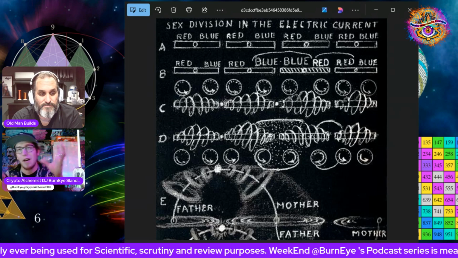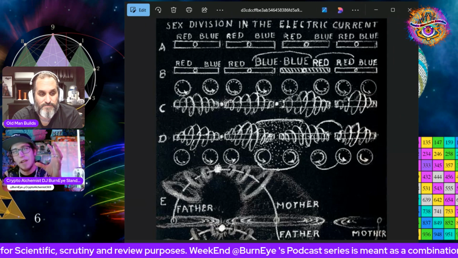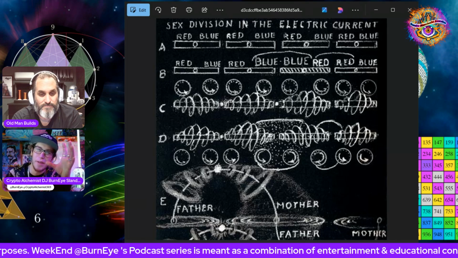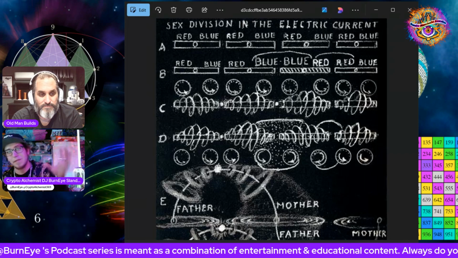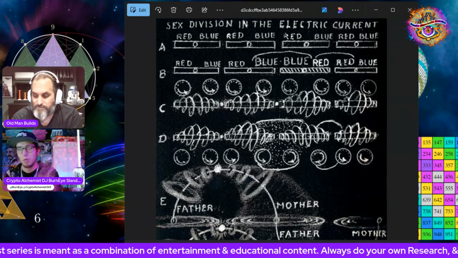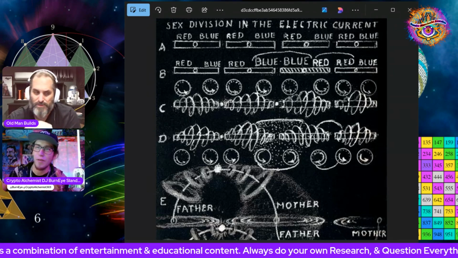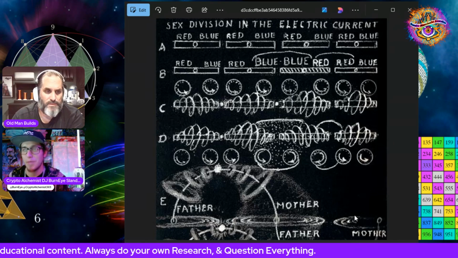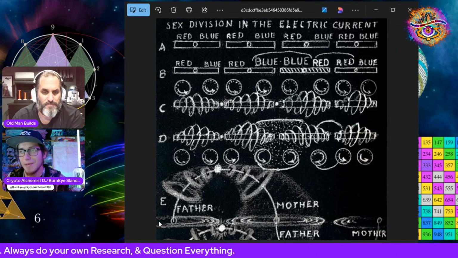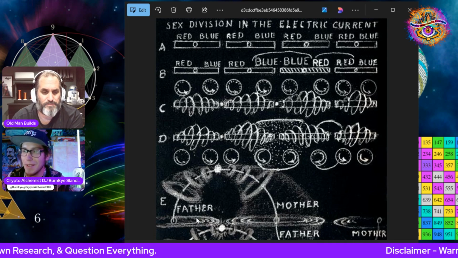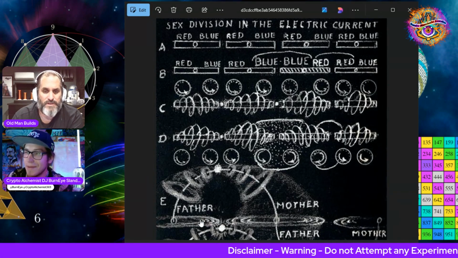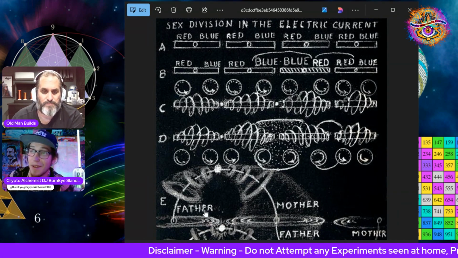All three of these fields, the electric field and the magnetic field, are directly proportional in all their force and interaction between those three dimensions. That makes sense. Yeah, it makes sense based on what they're teaching you. And how they interact.